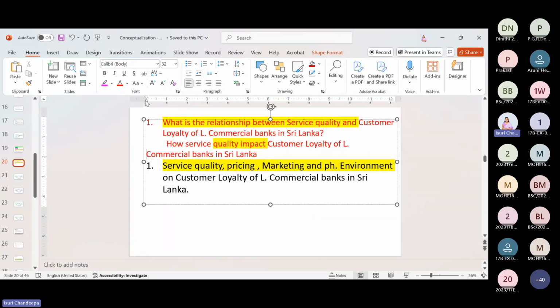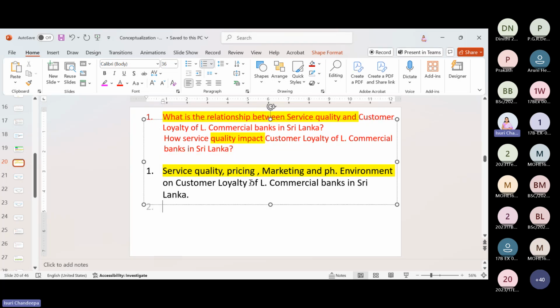Right. The second question. What is the second question? The second question you can develop based on pricing, right?